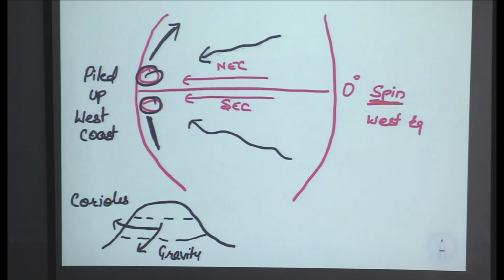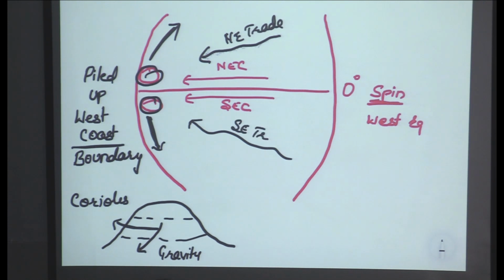Which boundary current? West boundary current. Mind it, piling up would not have taken place if trade winds had not been there. So this is northeastern trade in the northern hemisphere and this is southeastern trade in the southern hemisphere.